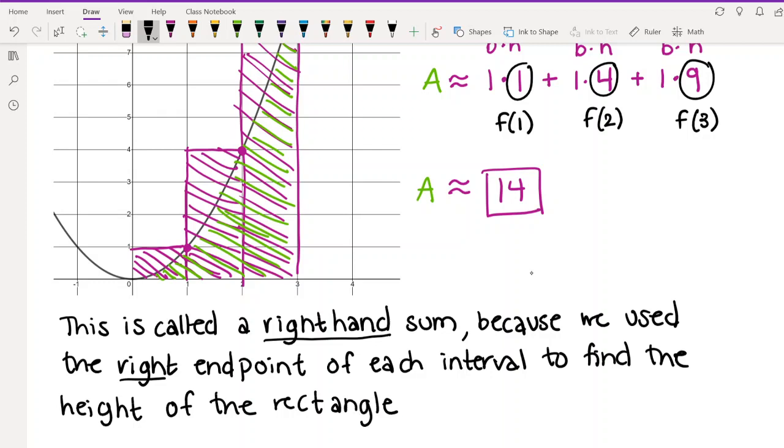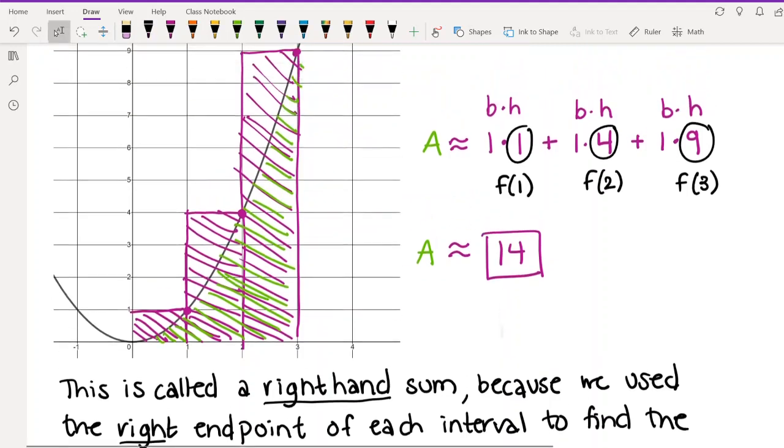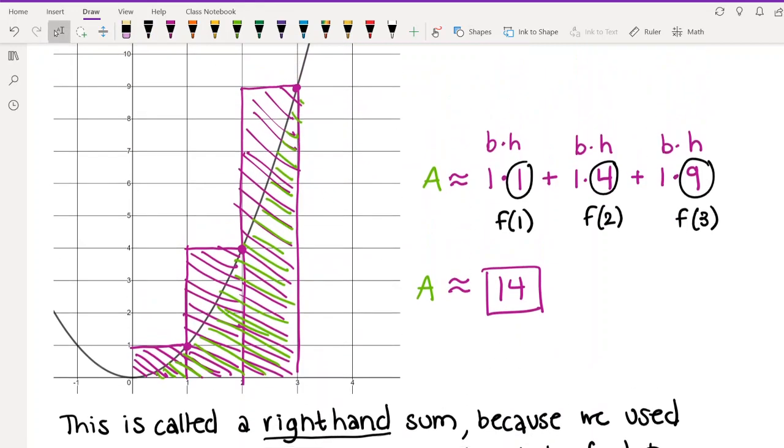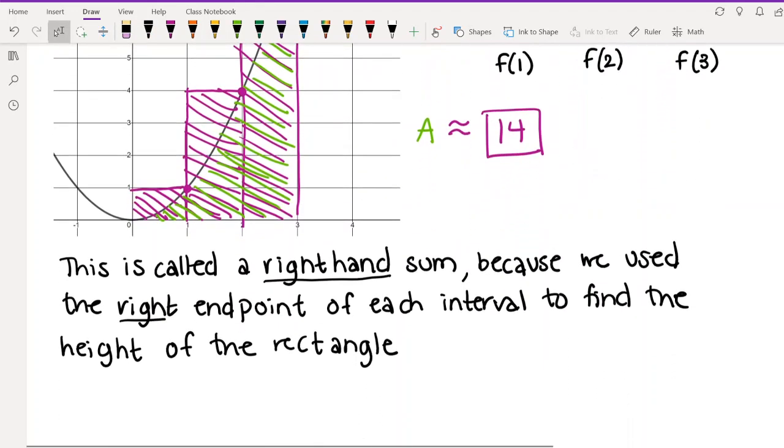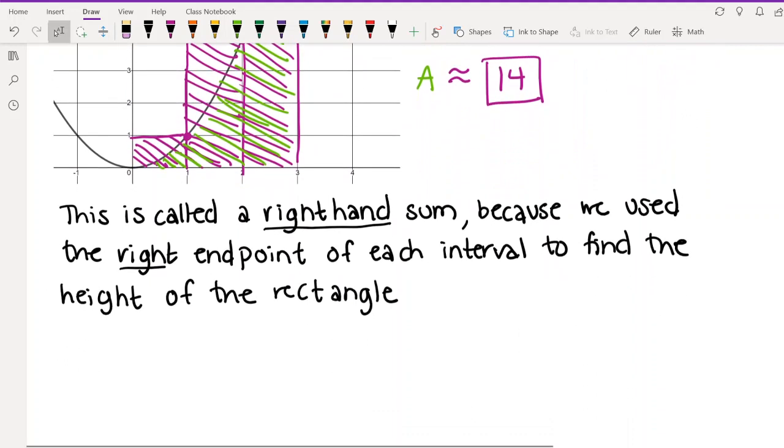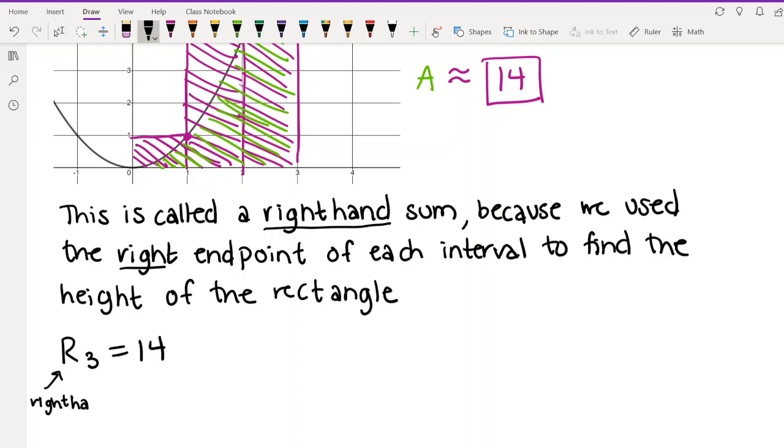And by the way, there's a shorthand for referring to this type of sum. We can say it's R3. So R3 is equal to 14. R3 means basically a right-hand sum, and this 3 refers to the fact that we had 3 rectangles, because we'll see in a minute that if we make more rectangles, we get a better approximation.